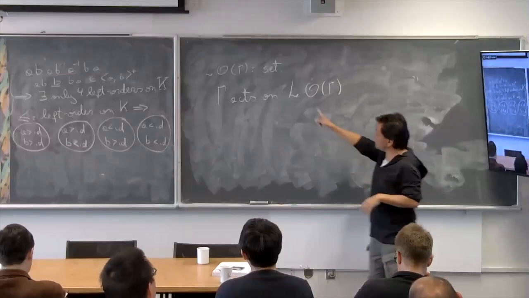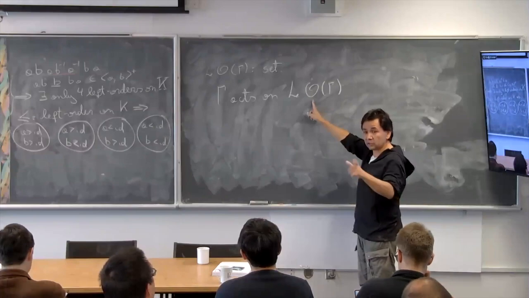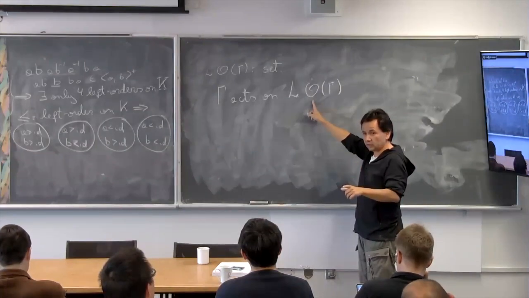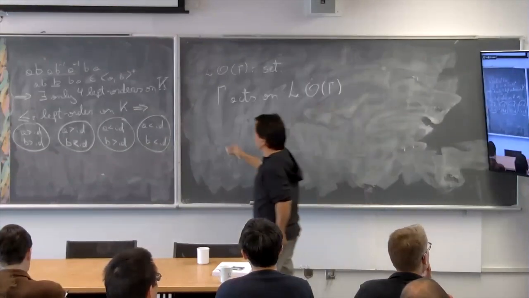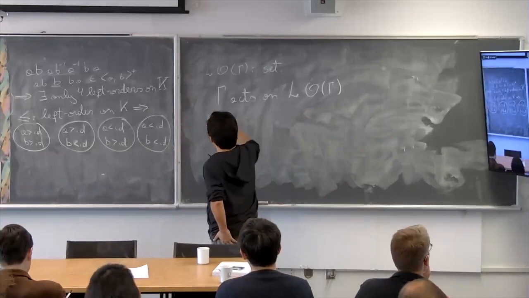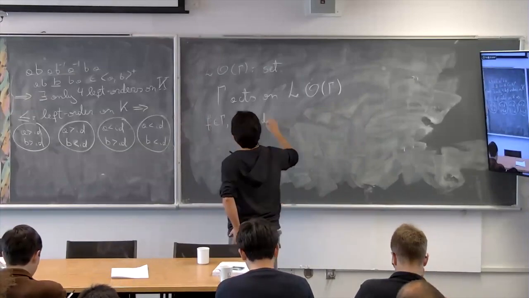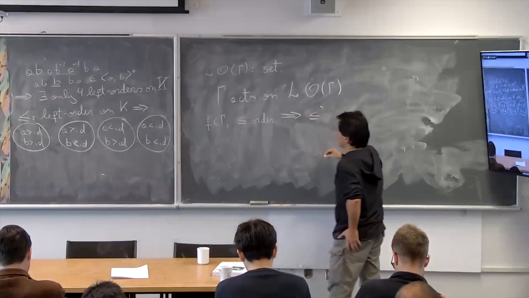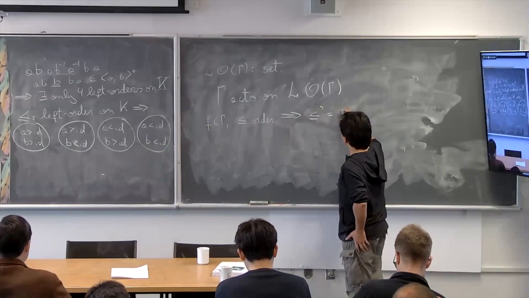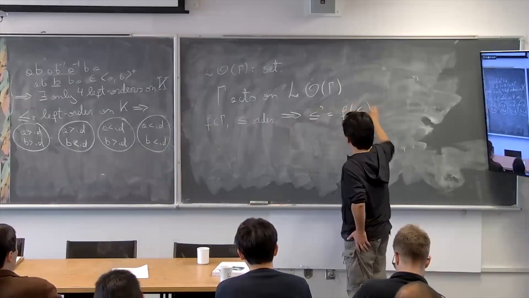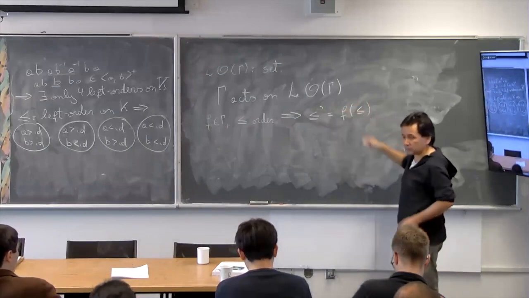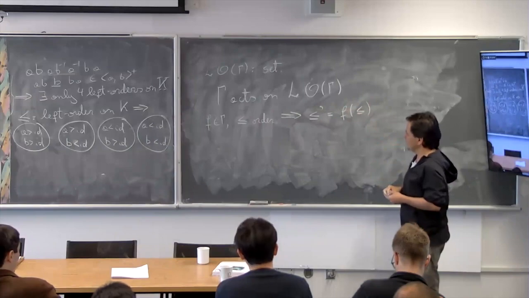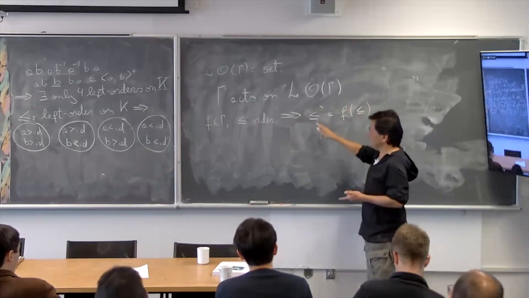So gamma acts on the space of left orders. You can look at the action by conjugacy. So if you take an element F in gamma and you take an order, then you get another order, which is the order obtained by the action of F on gamma on the original one. Well, how is it defined?